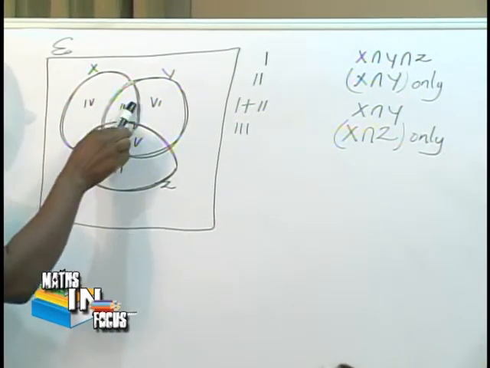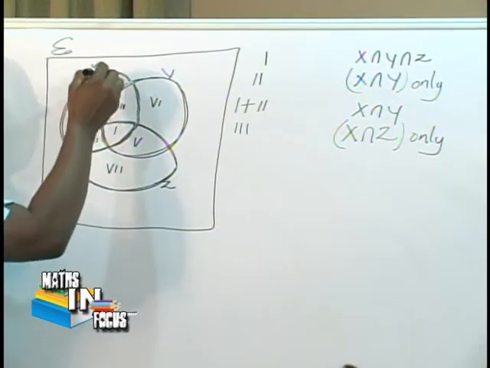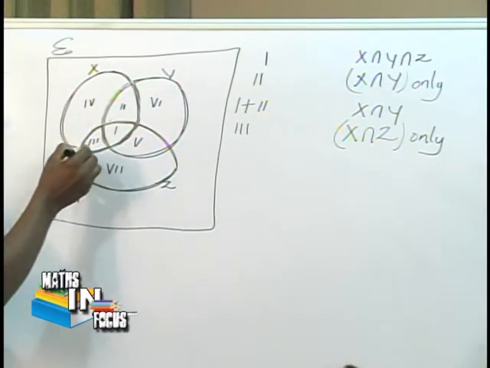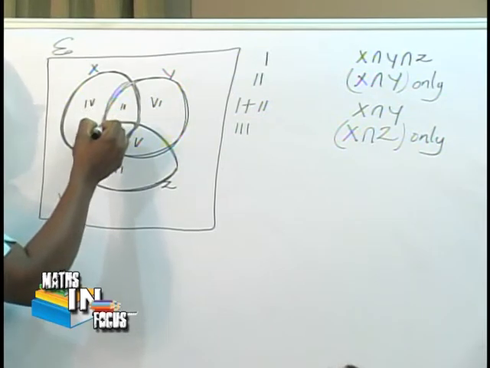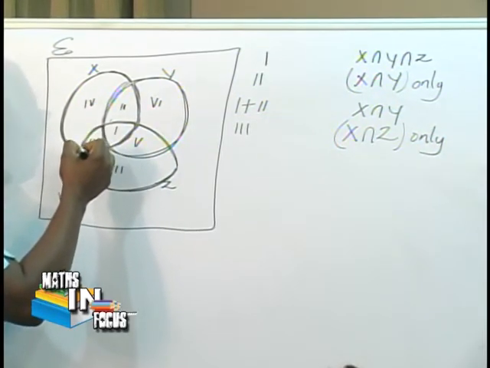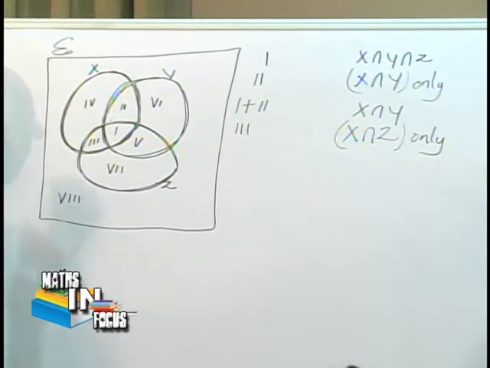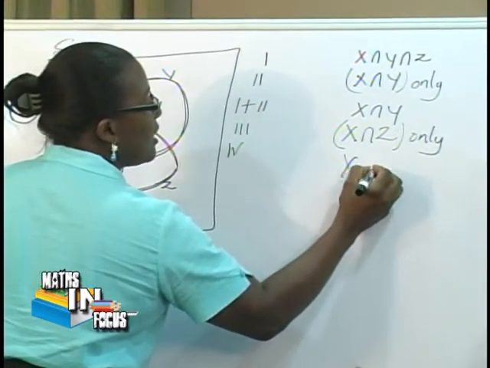So we had 1, 2, 3, 4. X would be the entire loop. From the entire loop, we took out 1 piece, 2 pieces, 3 pieces. What remains in this region? What do we call it? Very good, David. Very good. So there we have X only.